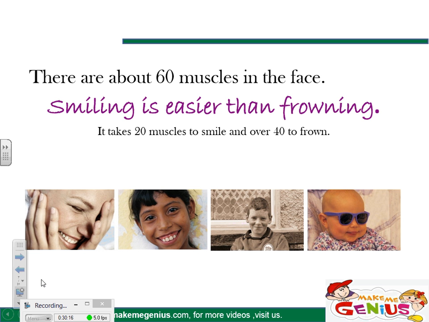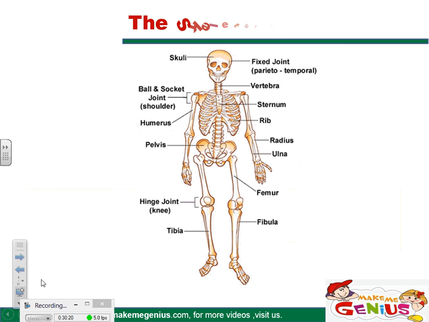All right, moving on. Christopher, sit down. Our next system is the skeletal system. The skeletal system involves the skeleton, bones. Bones are the organs. Here you have your skull, which is important.